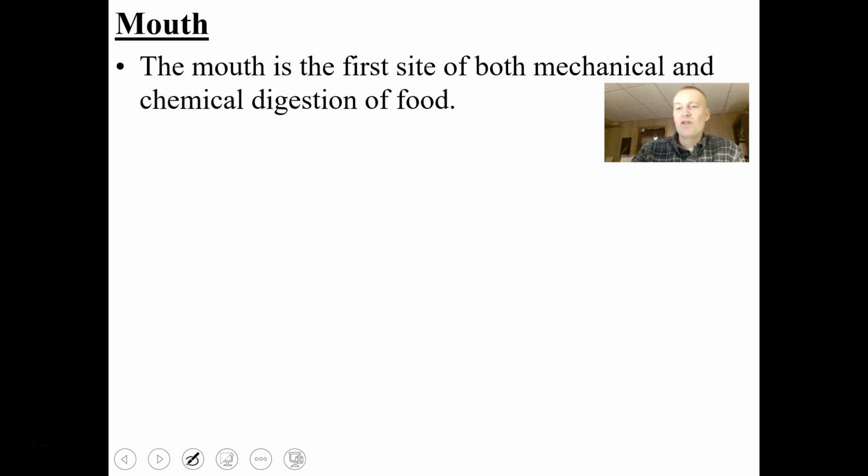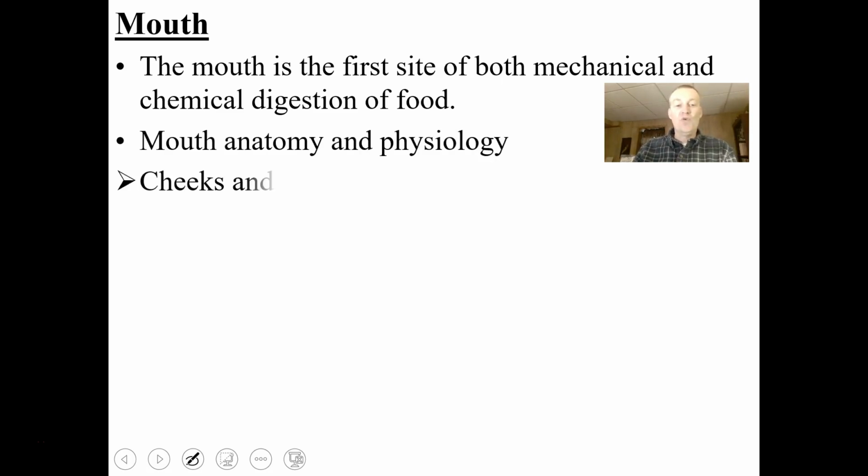Okay, so I want to start at the mouth and go all the way toward the anus and talk about each of the parts that food comes in contact with. So the mouth is the first site of both chemical and mechanical digestion of food. We do have cheeks and lips. As you chew, the cheeks and lips will hold food in your mouth cavity, or your oral cavity.